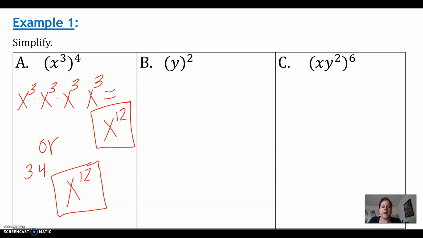Okay, now if you look at letter B, there is an exponent of a 1 right here. So if you do the 1 times the 2, you will be getting y squared.